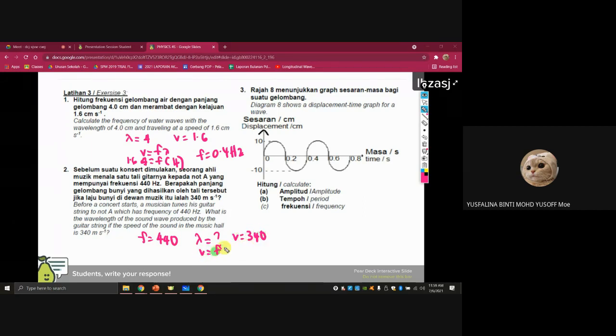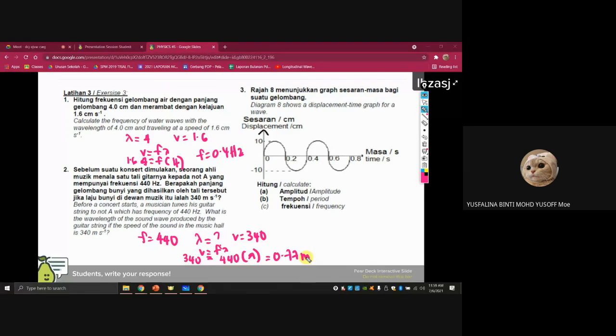So v equals f lambda. v is 340, f is 440, and you need to find lambda. Some of you got 0.077 meter. That is the wavelength.